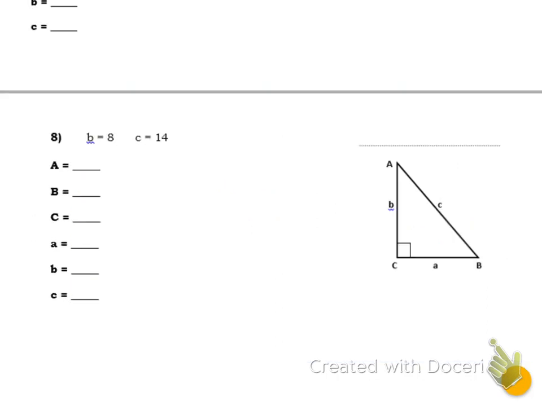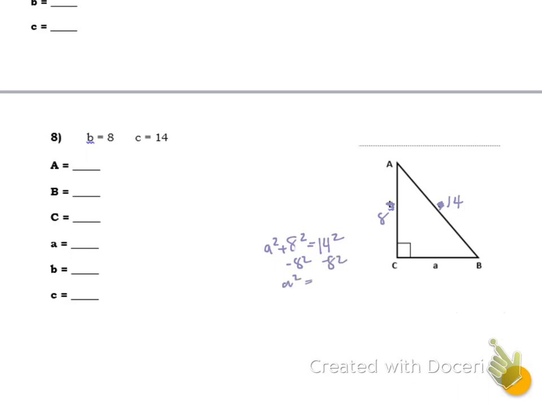Okay, my next one here, we've got B is 8, C is 14. So I can use Pythagorean theorem to find that missing one. So we could say, let's keep it as A, so A squared plus 8 squared equals 14 squared. So if I wanted to solve it, we could subtract 8 squared.